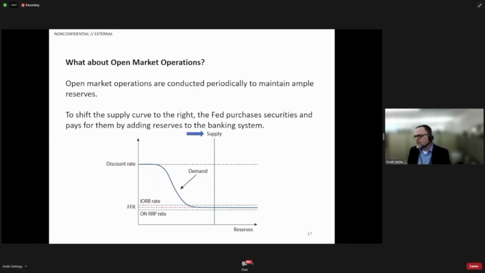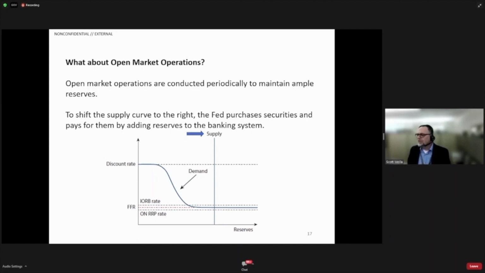Also, when the Fed uses some of its tools, for instance, quantitative easing is a form of open market operations. Those are used, not often, in periods where the Fed wants to affect other interest rates. And then one of the other tools, the overnight reverse repo rate, is technically an open market operation, but used differently than what we've been talking about.